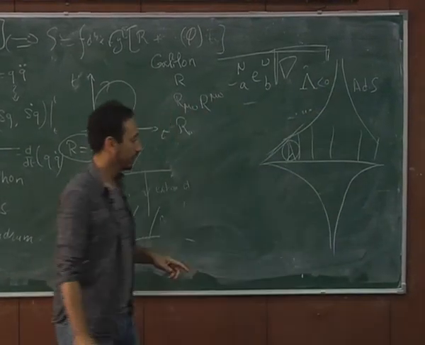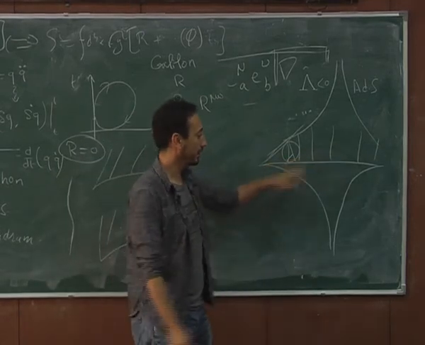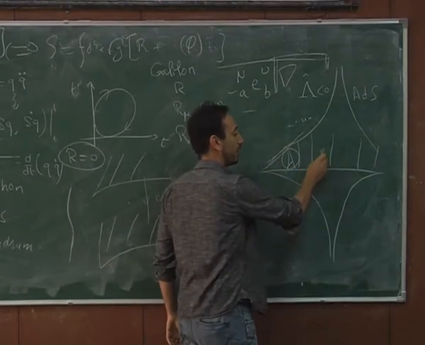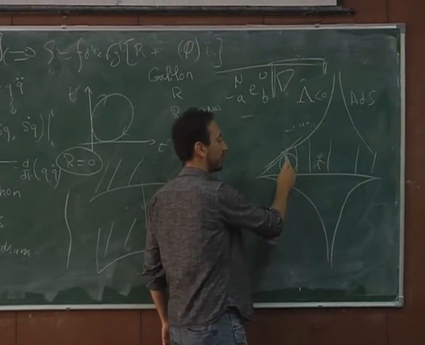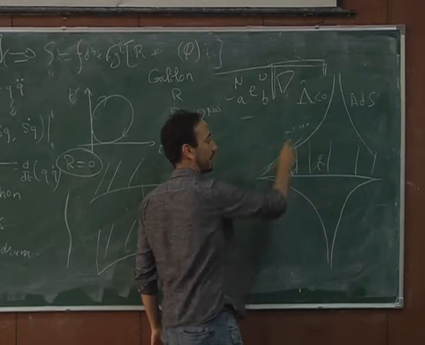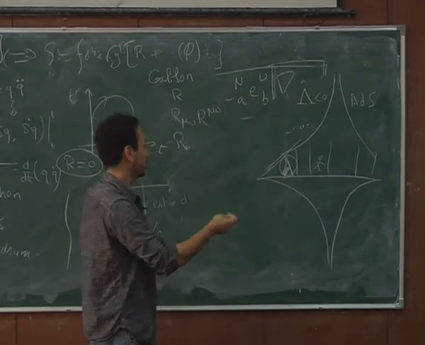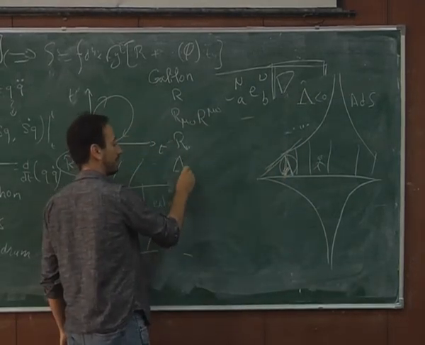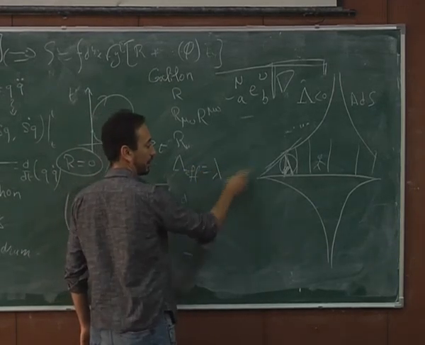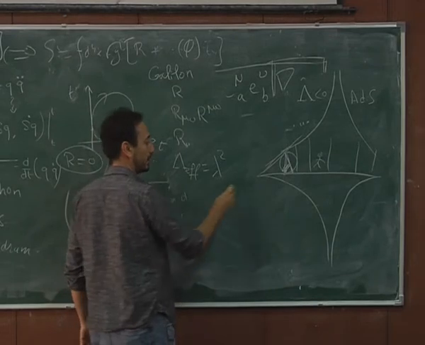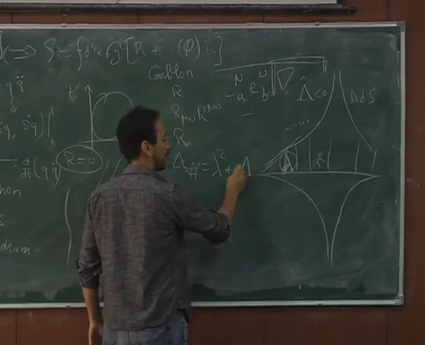Now, when we are living on this brane, we are not measuring only this lambda, but some kind of effect of both of them. So we measure some lambda effective, which is this lambda here, lambda squared, I think it is, plus the other lambda.